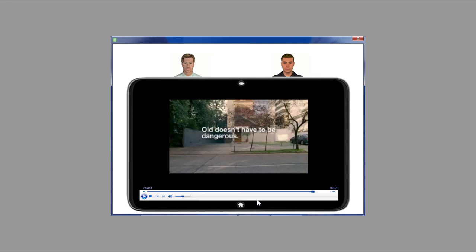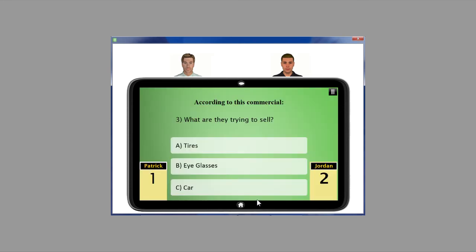According to the commercial, what are they trying to sell? No, that's not right. This is an easy one, it's C. Car. Patrick, you are correct. Good effort. The correct answer is A. Tires.